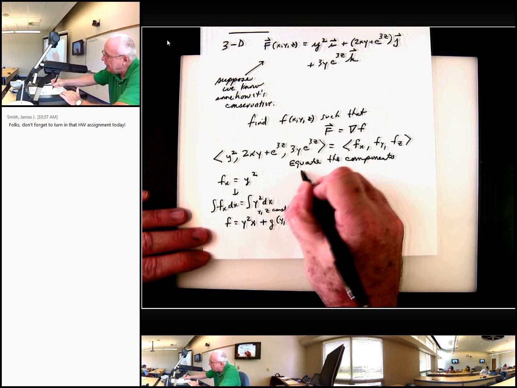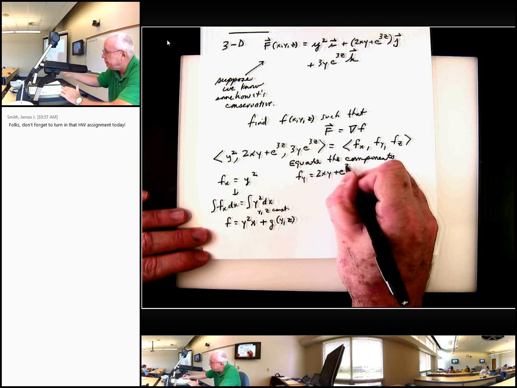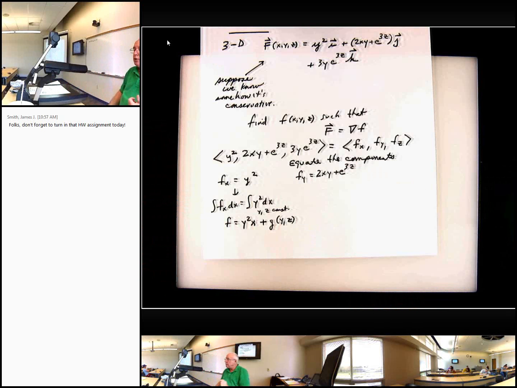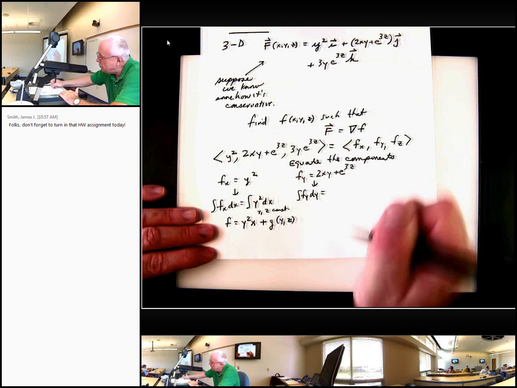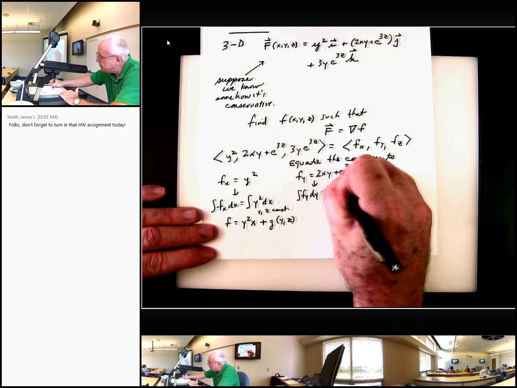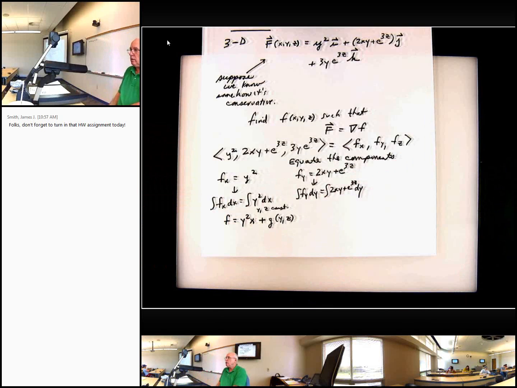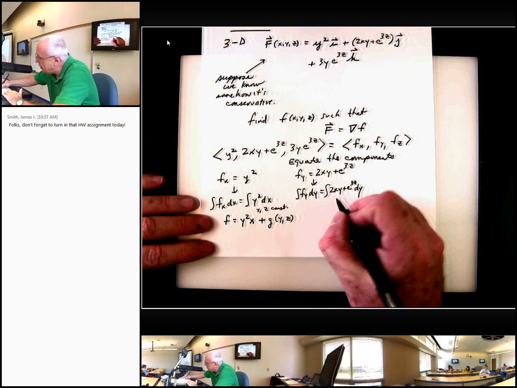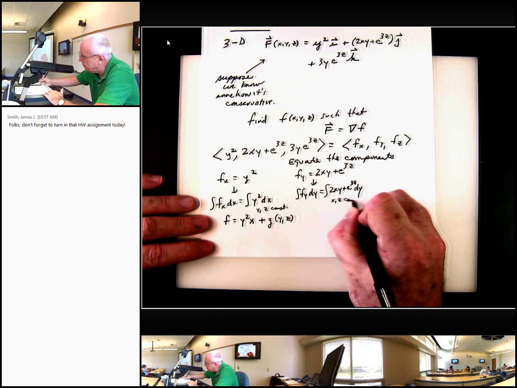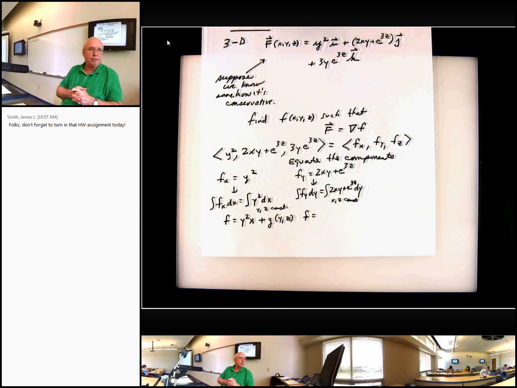Now let's leave that for right now and go on to the second component. Here we have fy, and that's equal to 2xy plus e to the 3z. This time we integrate both sides with respect to y. So integrate fy with respect to y, and integrate 2xy plus e to the 3z with respect to y. That means x and z are constant. On the left side, when we do the integration, we end up with a little f.